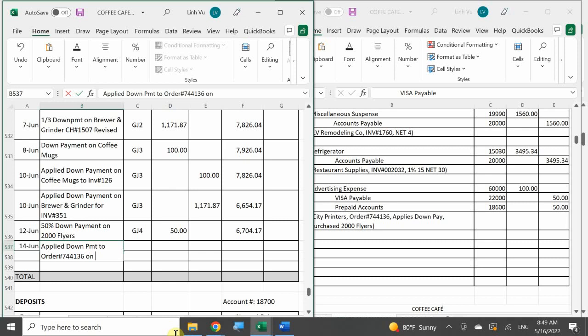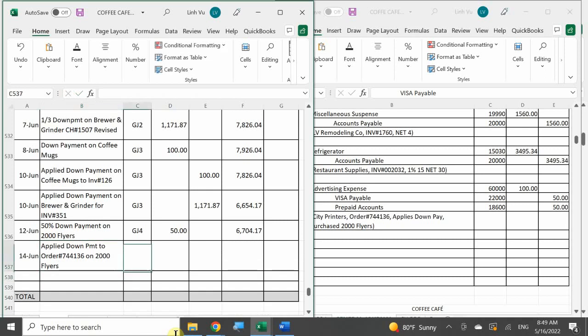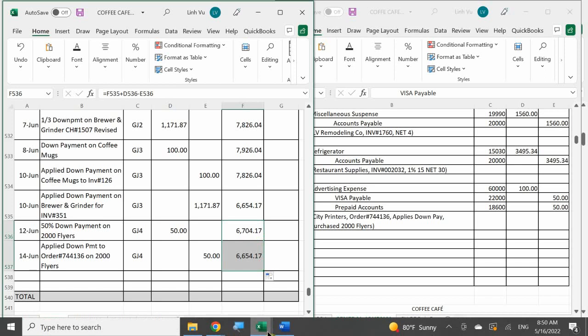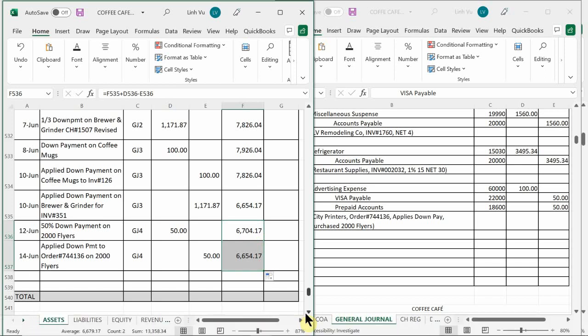Okay, on 2,000 flyers. Okay, we redeemed it. So therefore, I should shrink my prepaid accounts back down to $6,654.17. Okay.